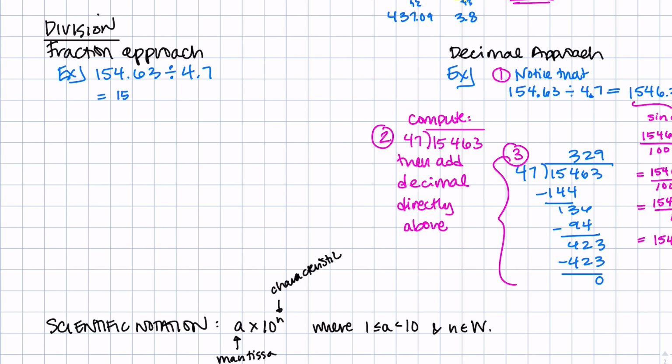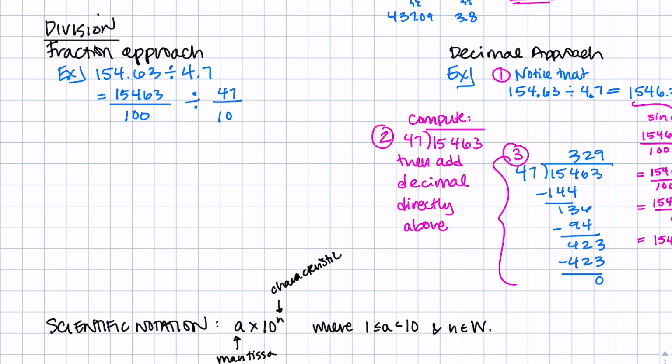So let's rewrite this as 154.63 over 100 divided by 47 over 10. And now remember my fraction division. I have two ways of thinking about it. I can invert and multiply, or I can get a common denominator, which motivates everything. Let's do that here.